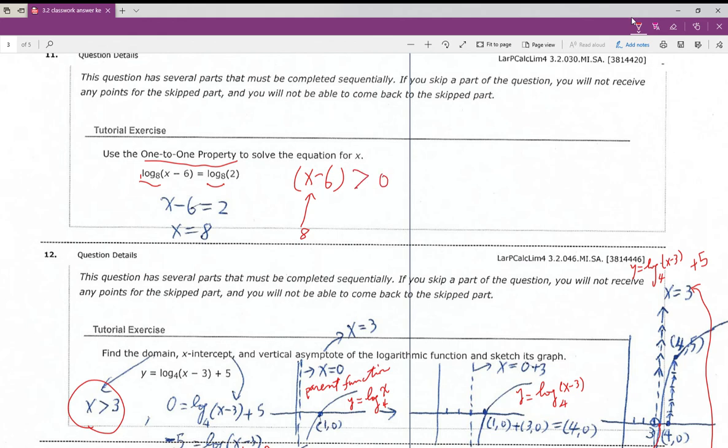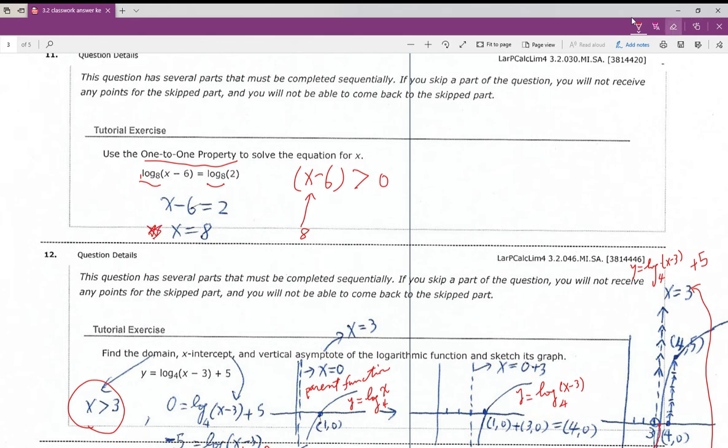It can never be 0, can never be negative. And these two are already positive, so no problem. And here 8 minus 6 is positive, so it's okay to keep this solution.